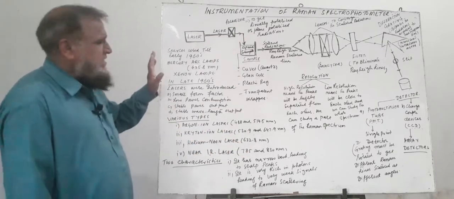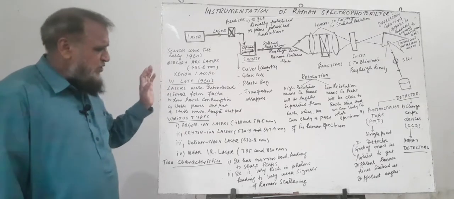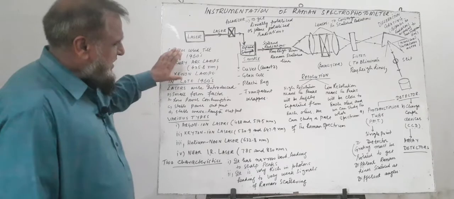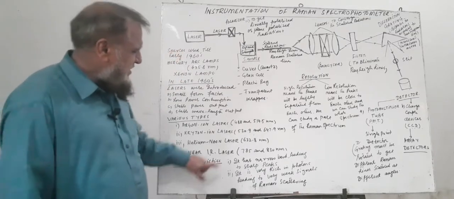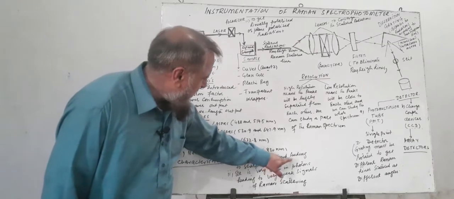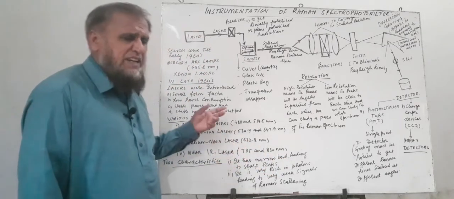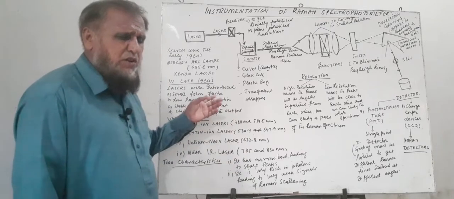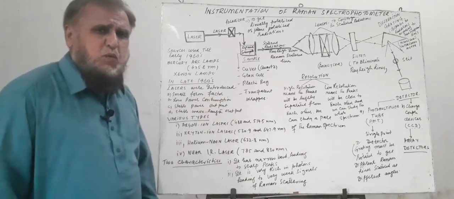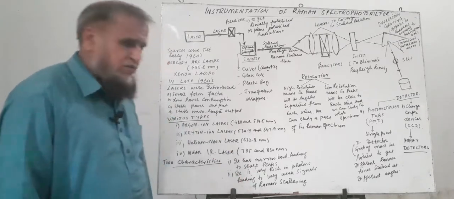Now, lasers are important to use as radiation sources because they have two advantages. Number one, laser has a narrow band which leads to sharp peaks. If the bandwidth is not narrow, if we have a broad band, then we will get wide peaks. Secondly, it is very rich in photons.